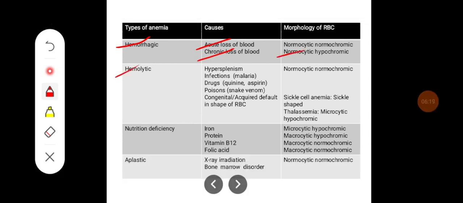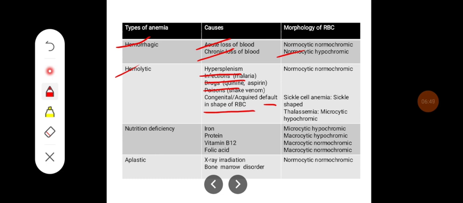Hemolytic anemia occurs in hypersplenism and infections like malaria, and with drugs and poisons which can affect the RBCs extracellularly. Some congenital causes, which can also be acquired, change the shape of the RBC, and can be sickle cell anemia, thalassemia, and hereditary spherocytosis.